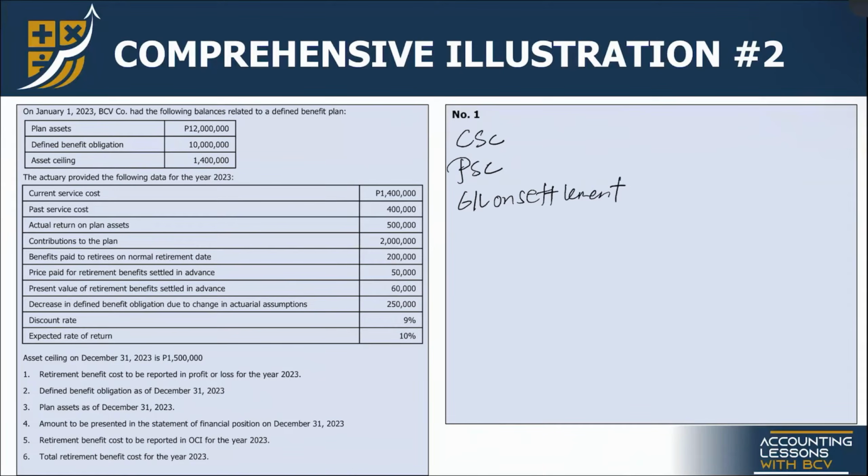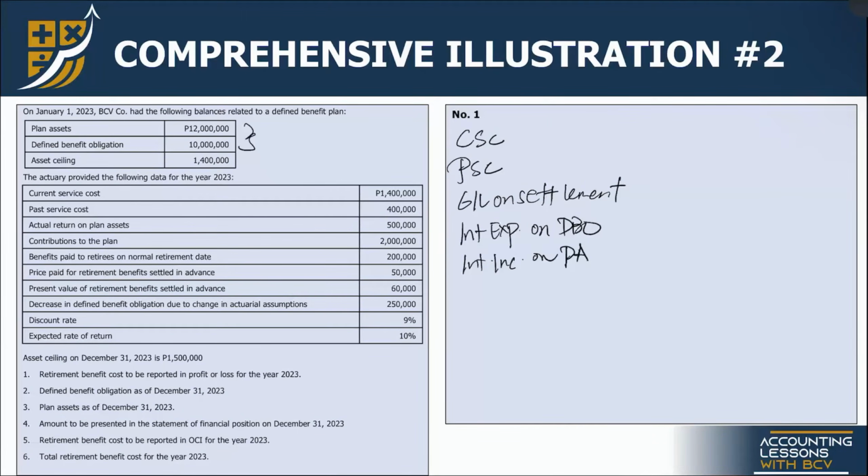Then the next category is interest, no? So interest expense on DBO, interest income on plan assets.